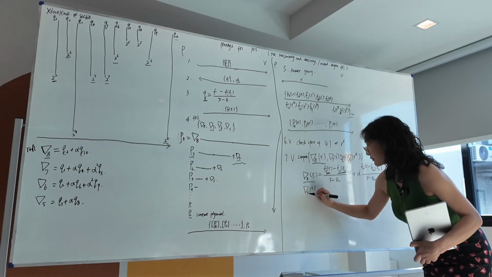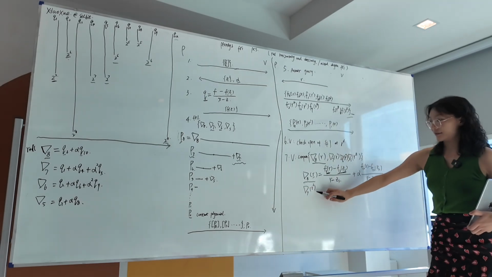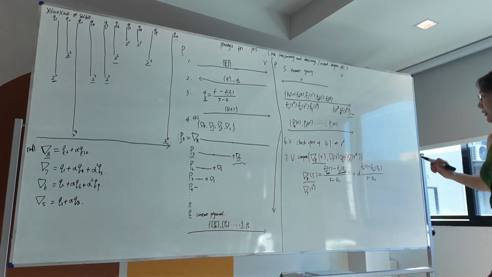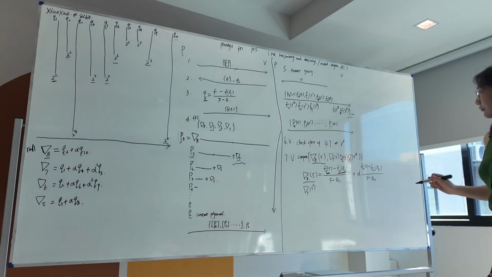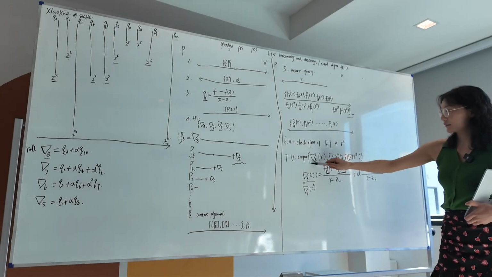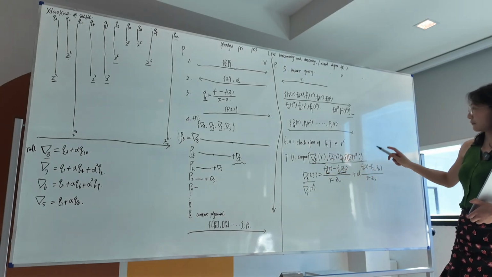Row 7 should open at R power. Okay. So now the verifier has already computed this.